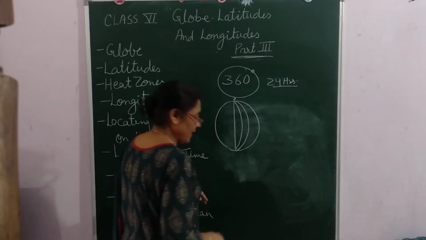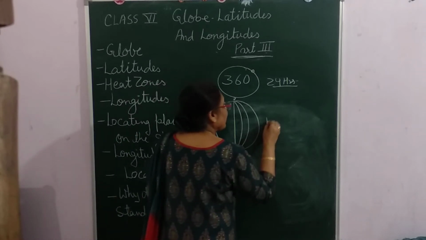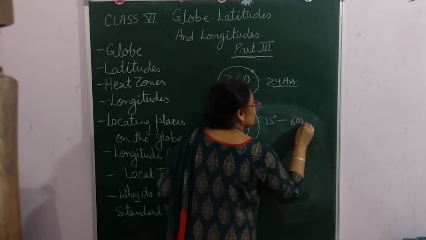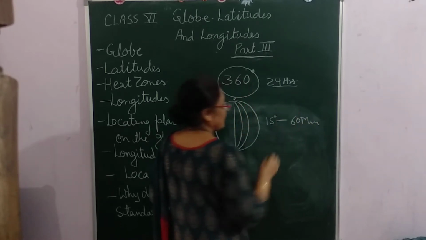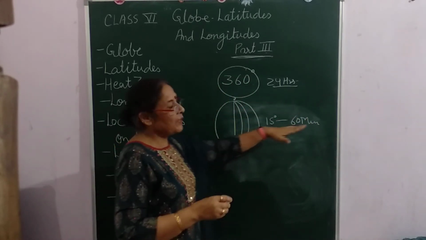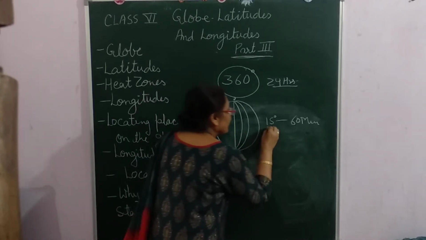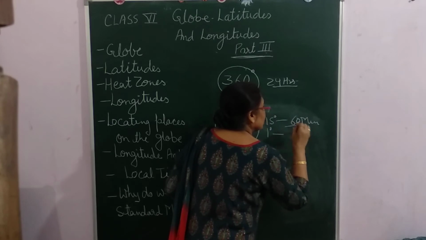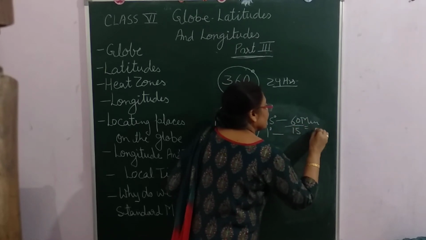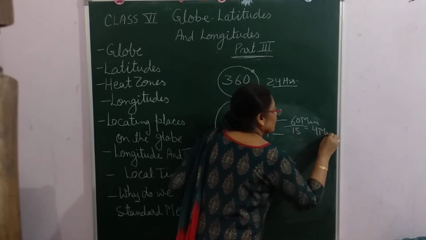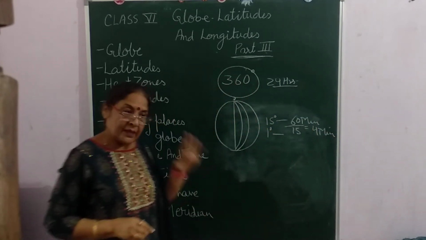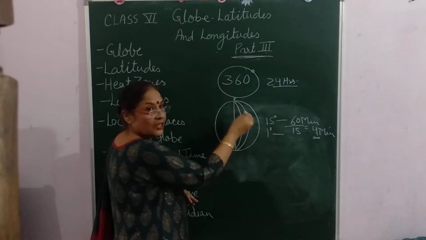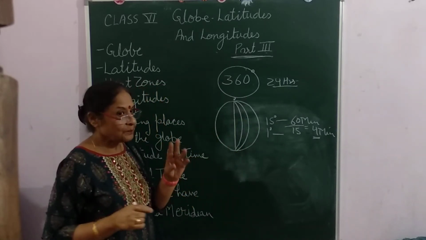So how will we find it? 15 degrees we complete in 60 minutes, in 1 hour. Then 1 degree we complete in 60 upon 15, which is equal to 4 minutes. Clear? So the time difference between two meridians is 4 minutes.